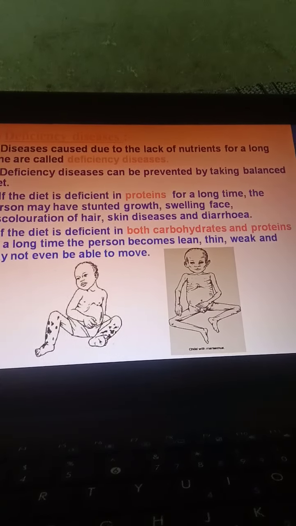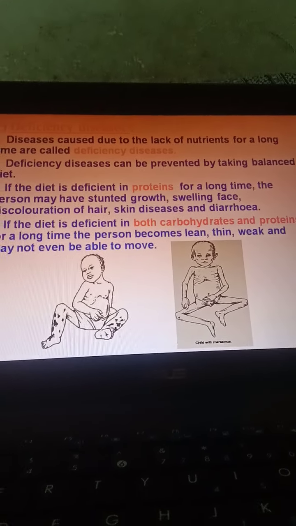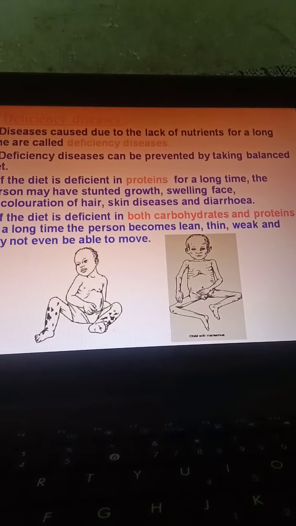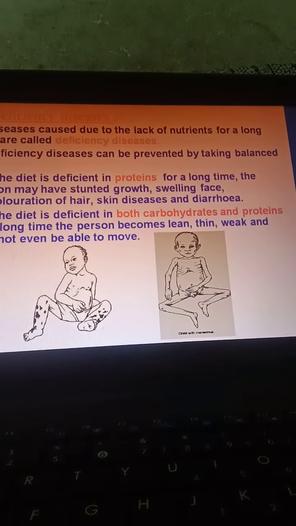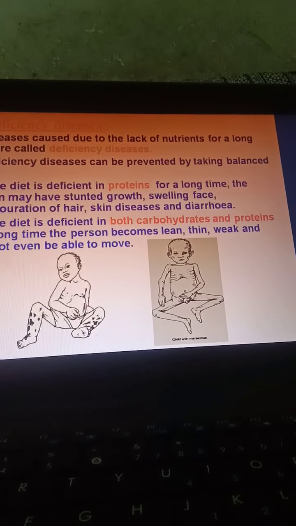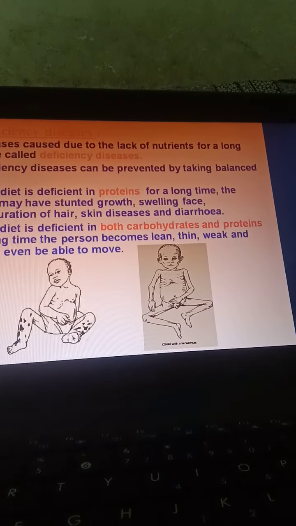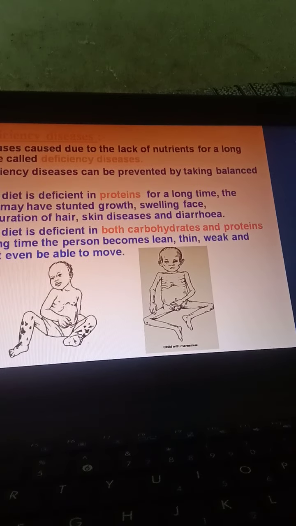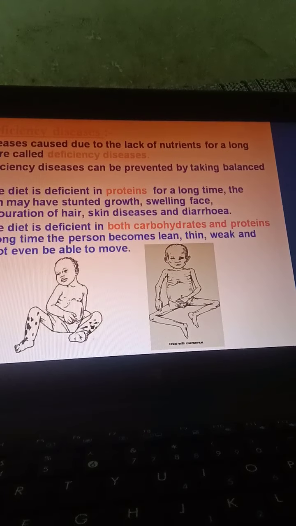Our next topic is deficiency diseases. What do you mean by deficiency? The disease that is caused due to lack of any nutrient for a long time is called a deficiency disease. If we take a balanced diet regularly, we will not get any deficiency disease. You can see two children here. If the diet is deficient in proteins for a long time, a person may have stunted growth.